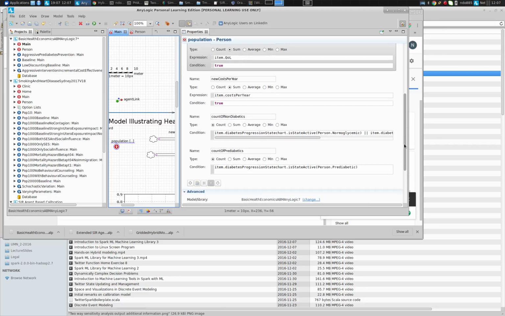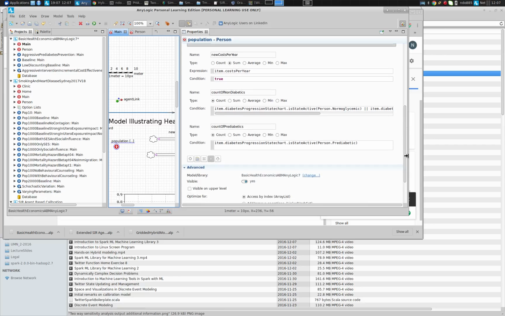Here, it's easier to think about initially for costs. Here are the new costs per year. And what are these doing? Speak to me here of the mechanism. What is this doing? Yeah, it's summing up the cost per year across the whole population.